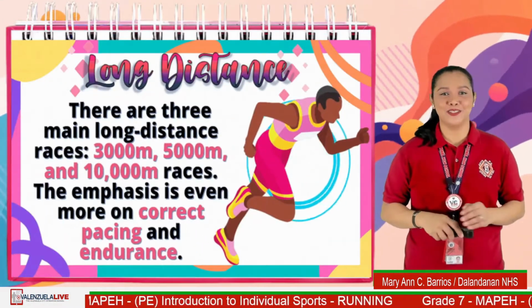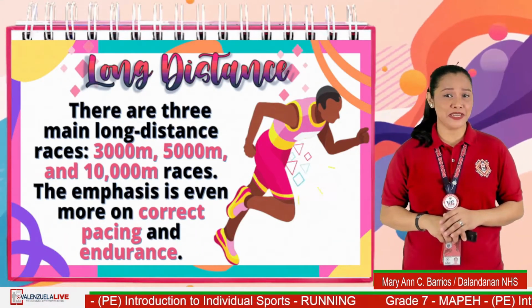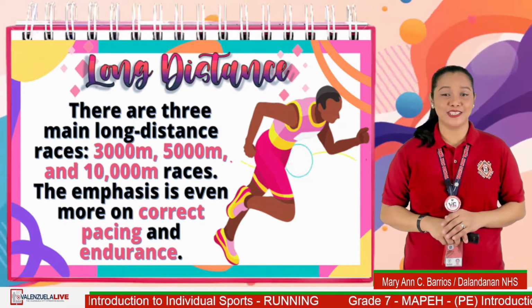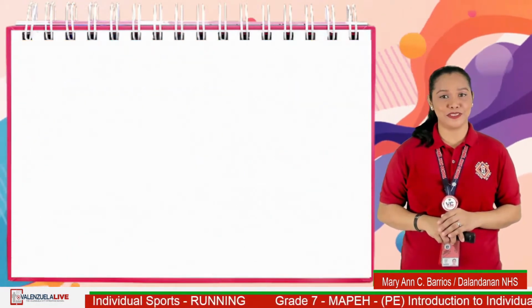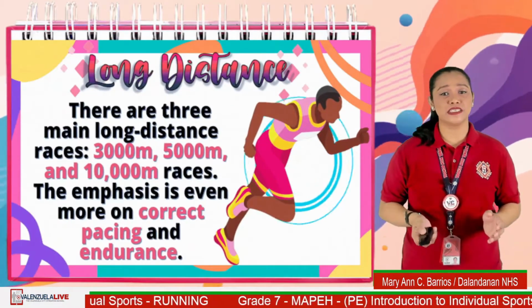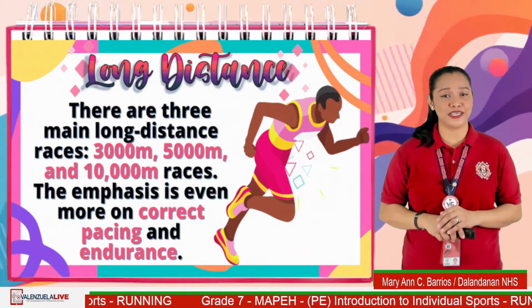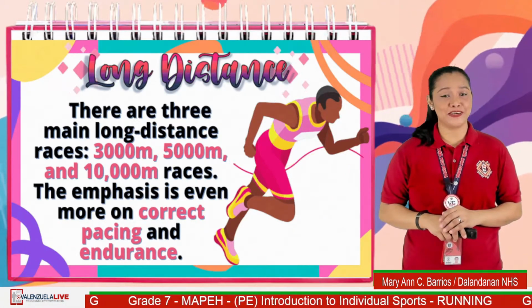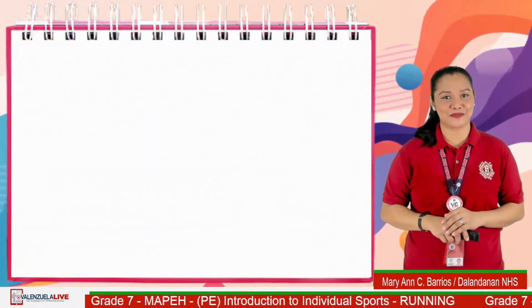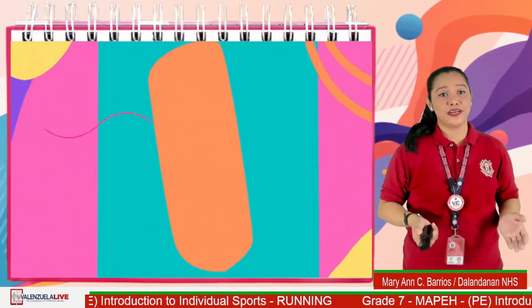Next is long distance. There are three main long distance races: 3,000 meters, 5,000 meters, and 10,000 meters races. These races are similar to middle distance races, but the emphasis is even more on correct pacing and endurance. Hurdles.